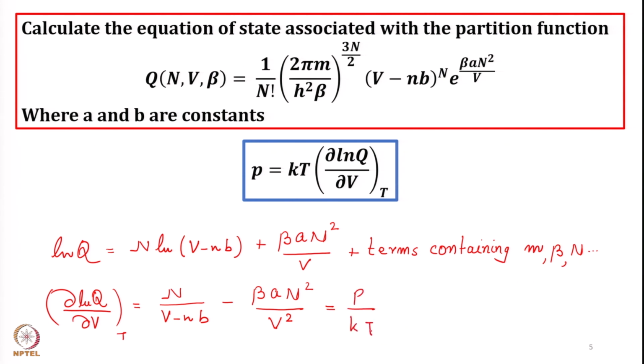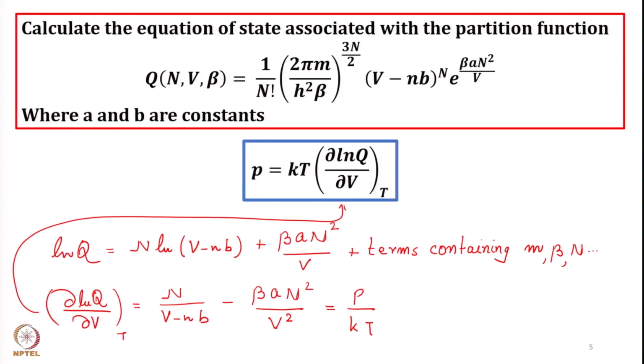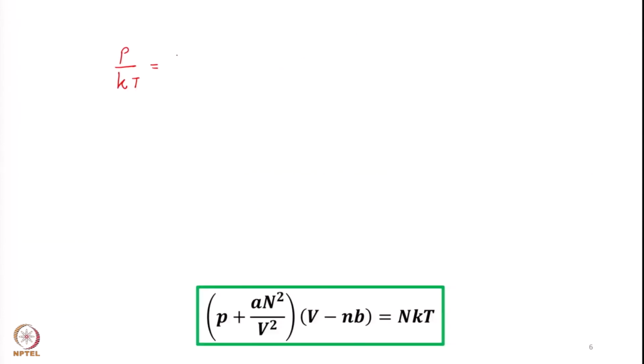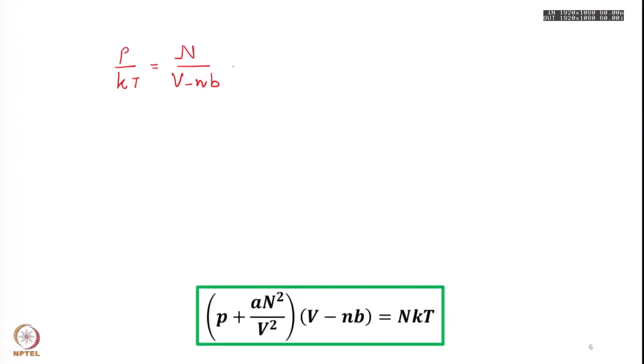So if I substitute this over here, then what we have now is P over kT is equal to N over V minus Nb minus beta a N square by V square.